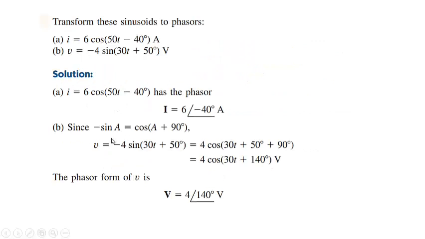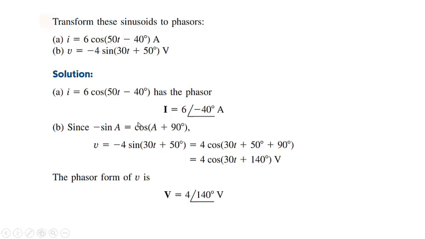Now let us do some numericals to understand it properly. We have i = 6 cos(50t - 40) and v = -4 sin(30t + 50). We have to change them to phasors. This is very simple. The first is in standard form, so it will be 6 at an angle of minus 40, no change.